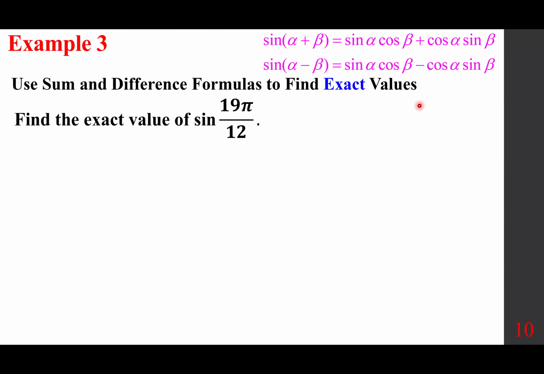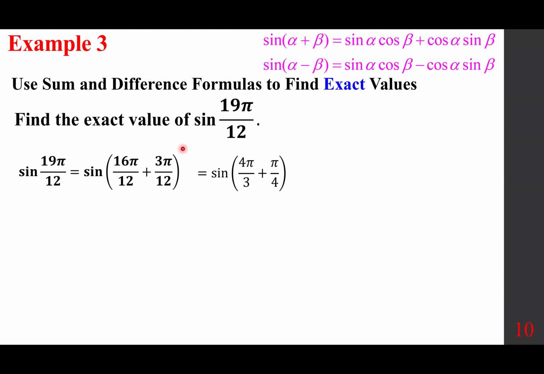Use the sum and difference formula to find the exact value of sine 19 pi over 12. Again, if it makes it easier, just go with degrees so you can put them together in that manner. This is 16 pi and 3 pi, both over 12. This is 4 pi over 3. This is pi over 4, both of which are common arcs.